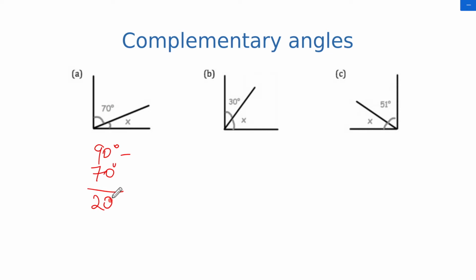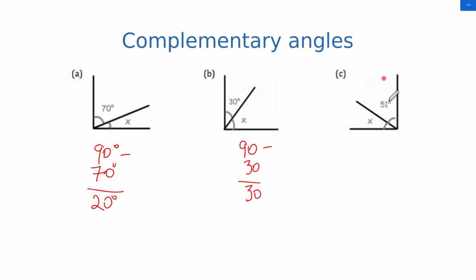Which is 20 degrees. For this one, you do 90 degrees minus 30 degrees. Very easy. This activity has only one step: to take away the remaining angle from 90 degrees.